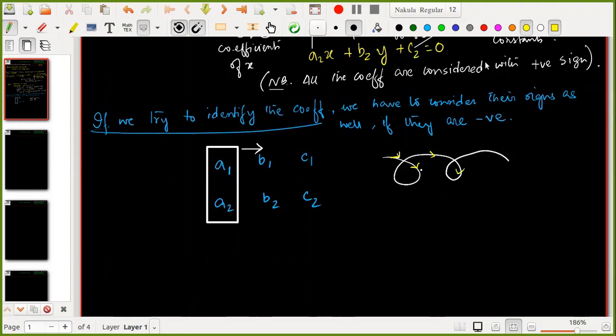So in this case, the movement will be something like this. If we try to represent, if we try to reassess, the movement is happening like this.